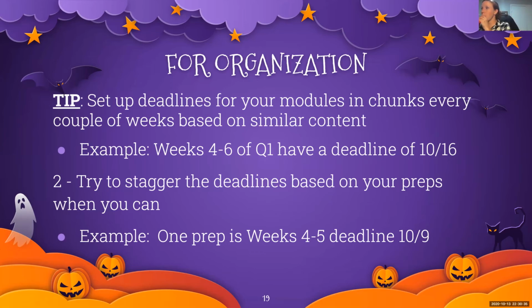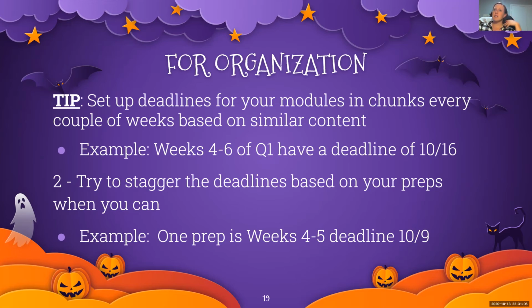So the suggestion is to set up your deadlines in chunks. So not every assignment has an individual due date or deadline. For example, weeks 4 have a deadline of October 16th. So you are chunking this for your students that anything in these 3 weeks, 4, 5, 6, is due on this one day.